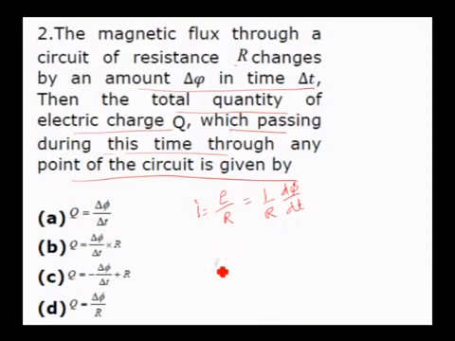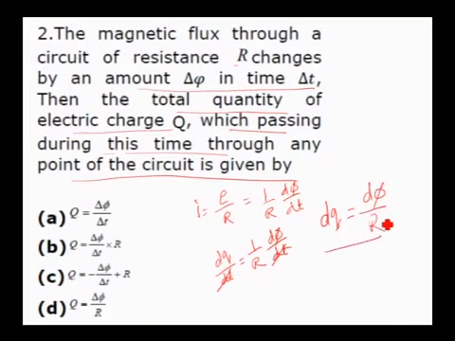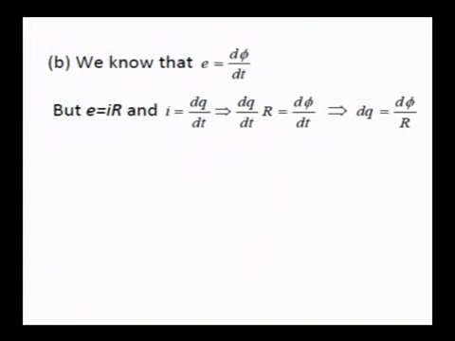But current is also expressed as dq by dt, which is equal to 1 by R into d phi by dt. Cancel dt on both sides, you get dq is equal to d phi divided by R, and this is option number B.